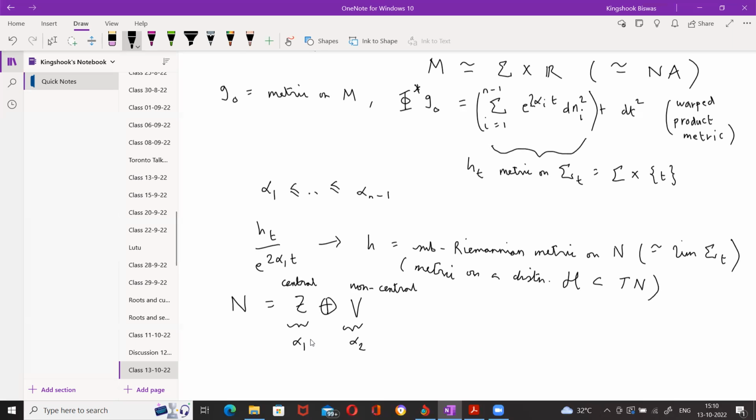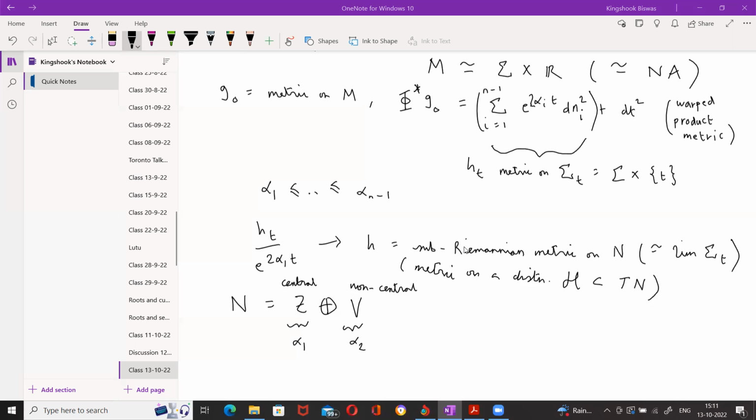And the dimension of the subspace is exactly n-1? No, well, n-2. Wait, no, in general, no. It's going to be the dimension of the central part, right?